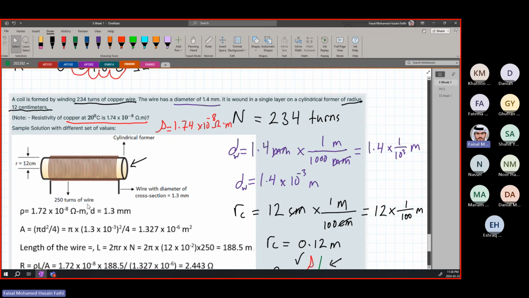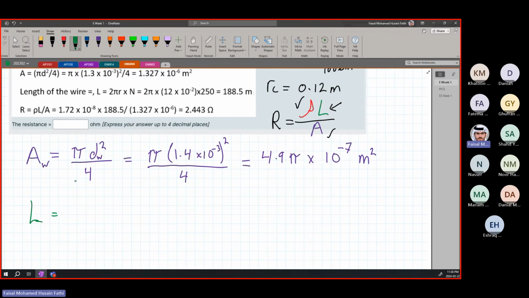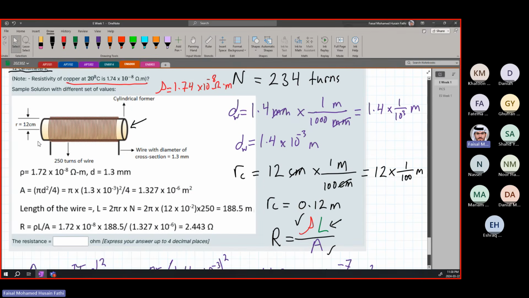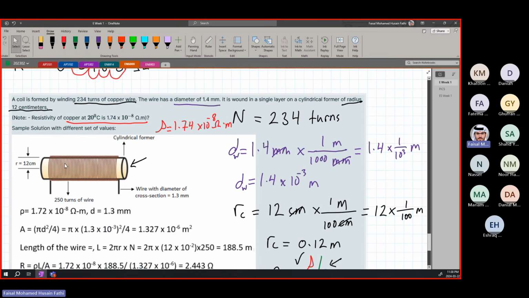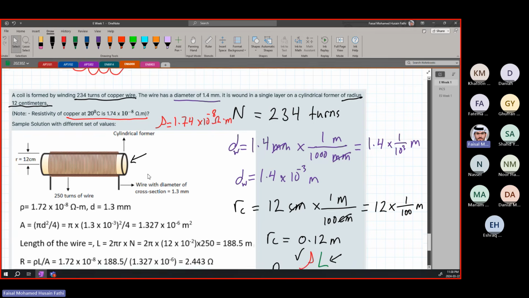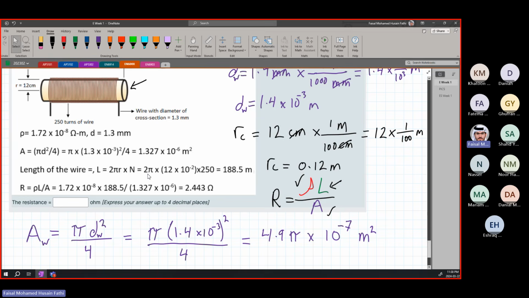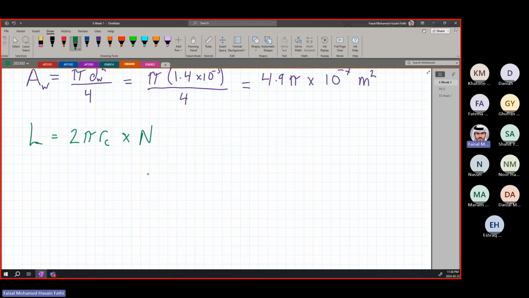The circumference is 2 pi r, r of the cylinder, times the number of turns of this wire around the cylinder. It is going from here to here, all 234 times around this cylinder. So the distance it's covering is the circumference of the cylinder, and this is the number of turns.